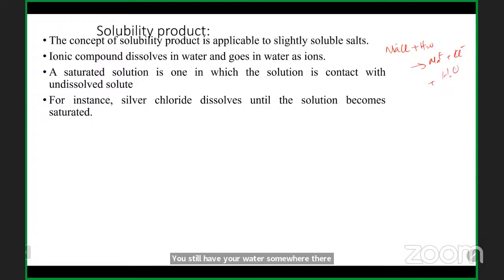A saturated solution, but to saturate sodium chloride, you cannot go and try it at home. How much water do you need to dissolve 100 grams? Anyway, it is possible that when you dissolve an ionic solid, it goes into water as ions.